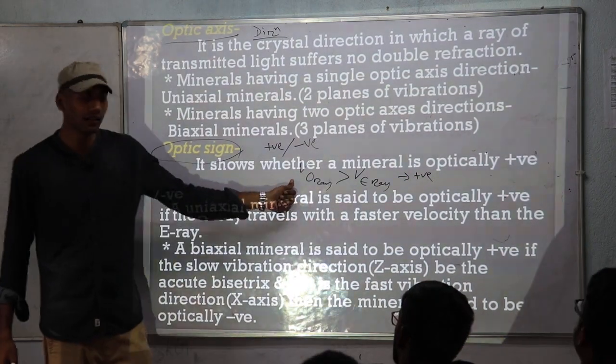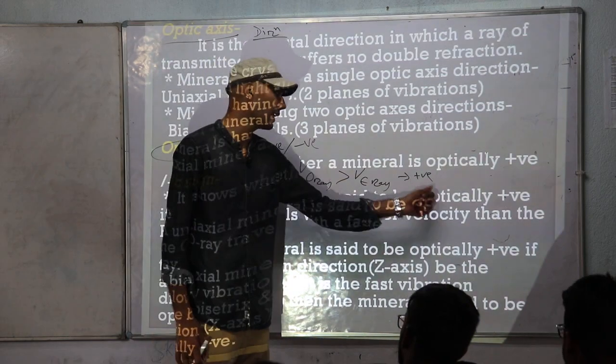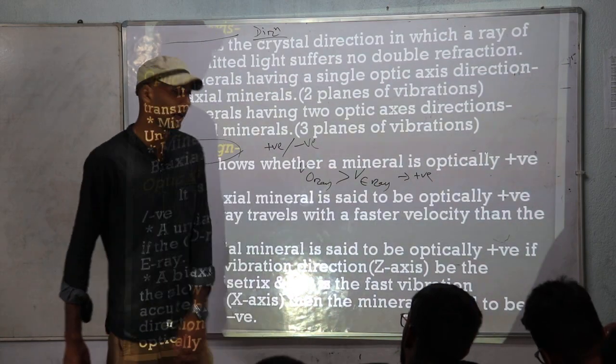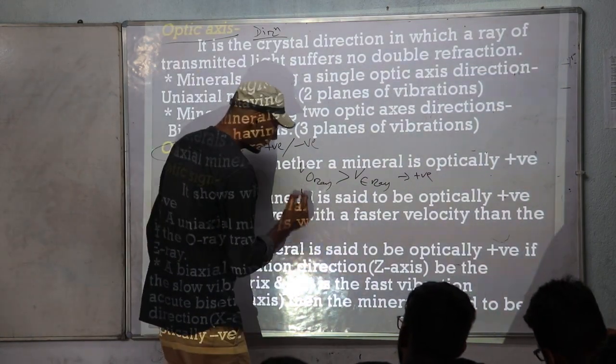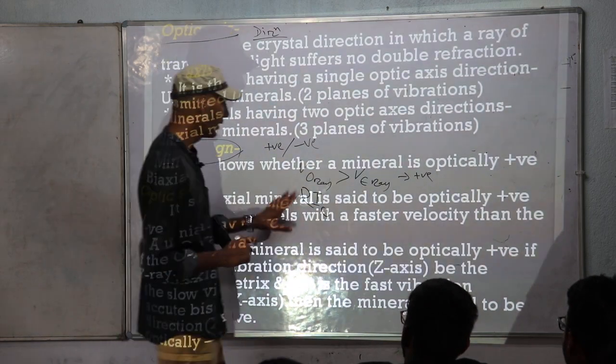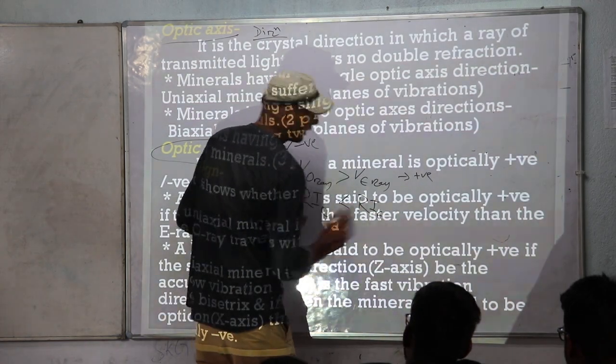The velocity of ordinary ray is greater than velocity of extraordinary, then that is positive. If velocity of extraordinary is greater, then that will be negative. Or we can say in terms of refractive index, the refractive index of O ray will be lesser than refractive index of E ray.